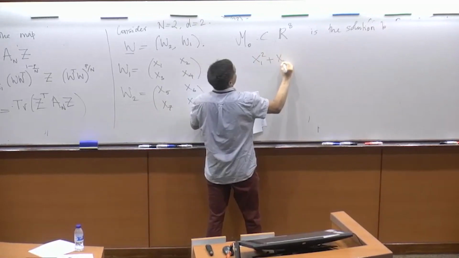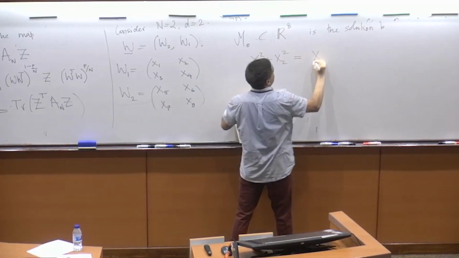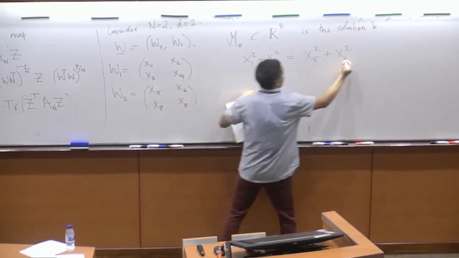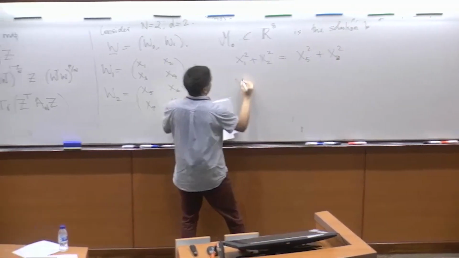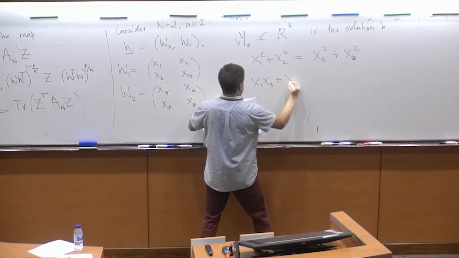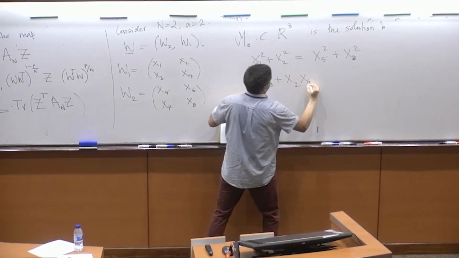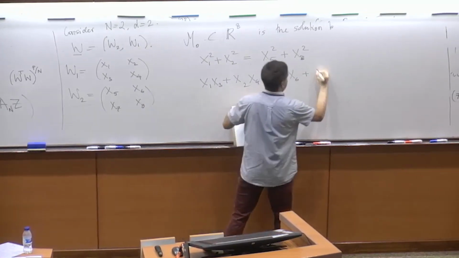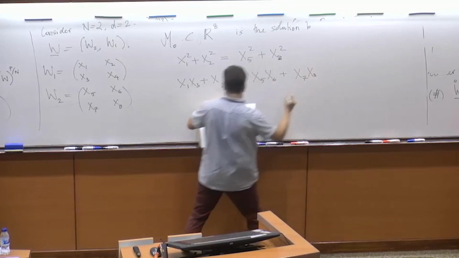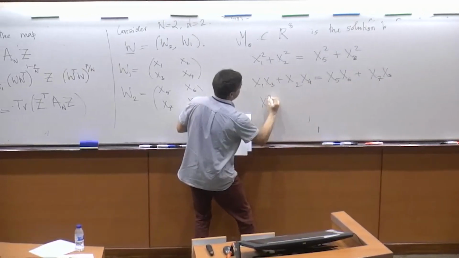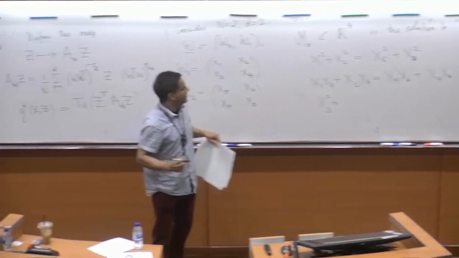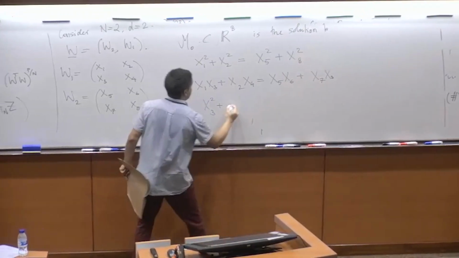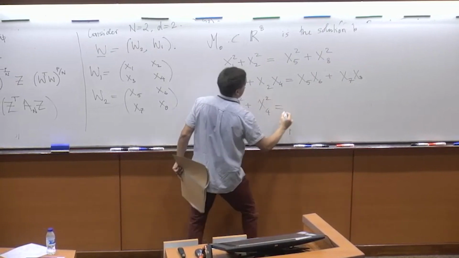X1 squared plus X2 squared. Sorry, this seems a little tedious, but there's a moral at the end of it. X1, X3 plus X2, X4. Sorry, is this unreadable? So this is X8. Okay.